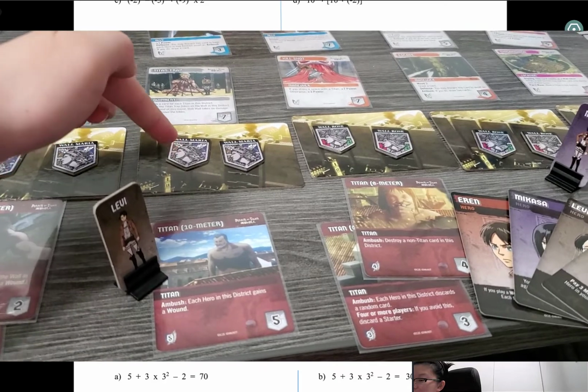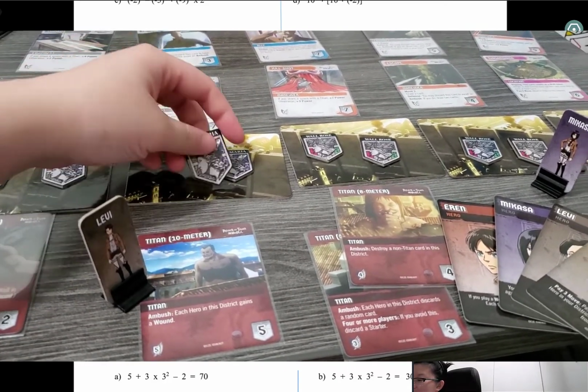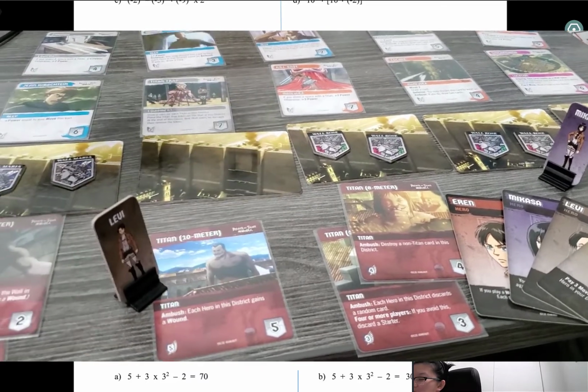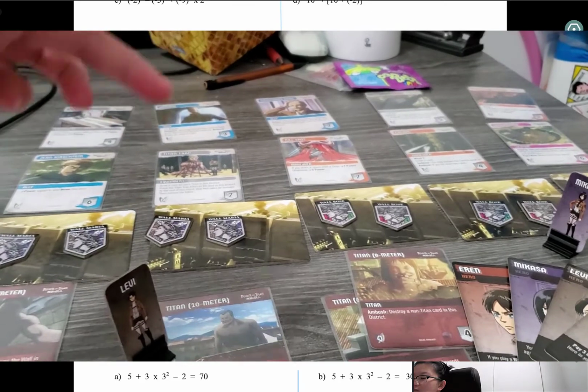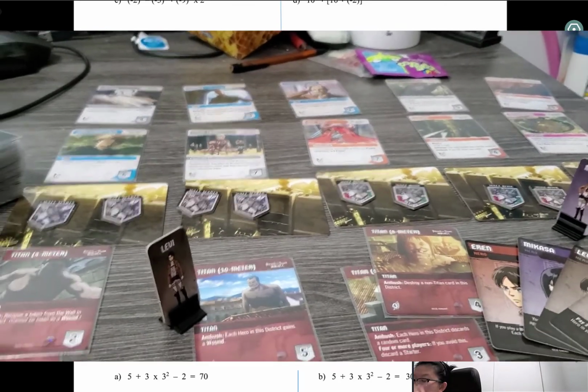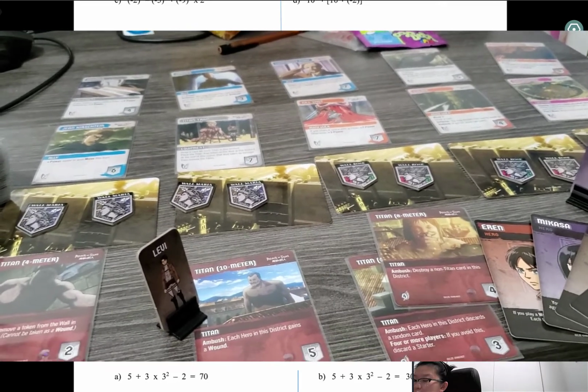Because if you don't deal with them, at the end of the turn and the round, they take away one of these wall tokens. Once the wall tokens are all gone from this wall, then this wall collapses and you lose all the resources, as well as all the wall, as well as the entire district. So that is not good.